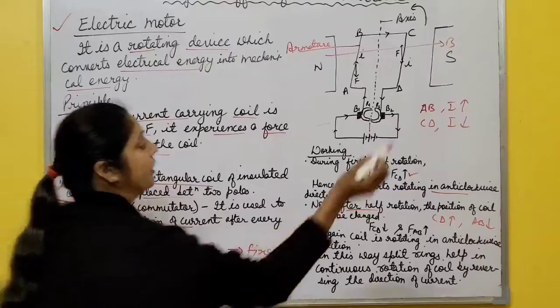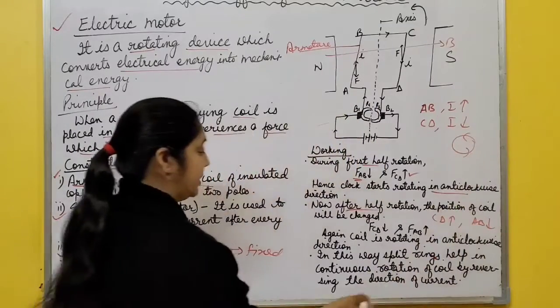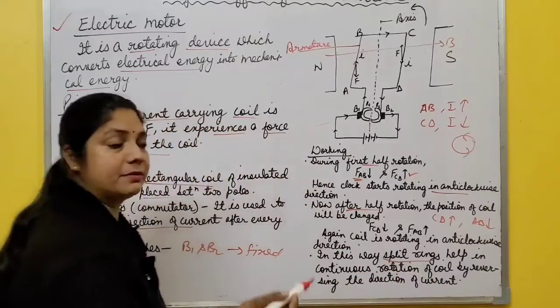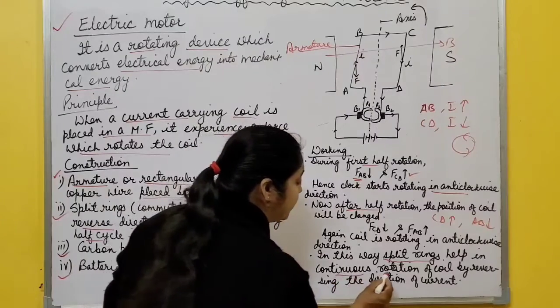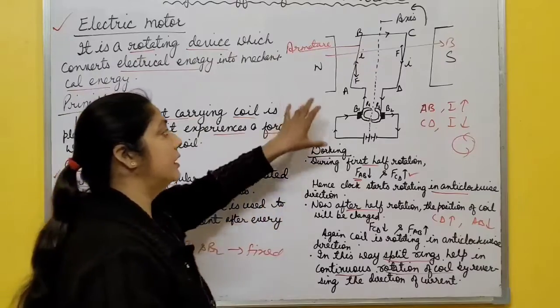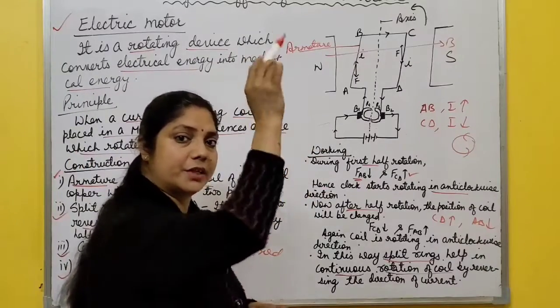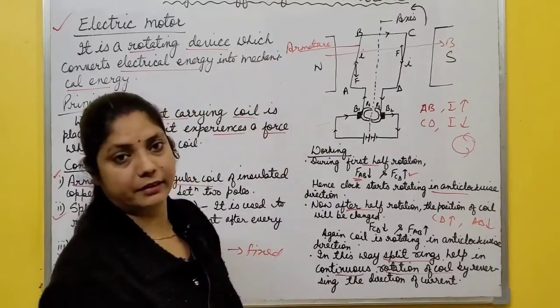In this way the coil completes one cycle in the anti-clockwise direction with the help of split rings, because they help in changing the direction of current, and so they help in continuous rotation of the coil by reversing the direction of current. In this way this armature ABCD continuously rotates in the anti-clockwise direction, and this is the working of an electric motor.